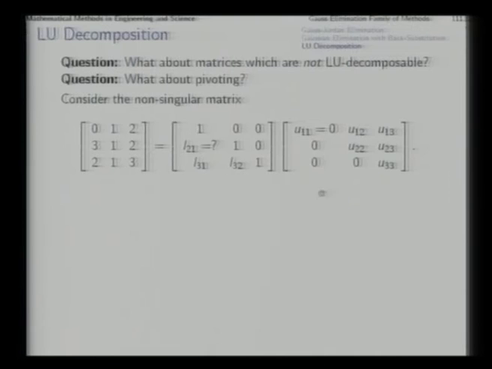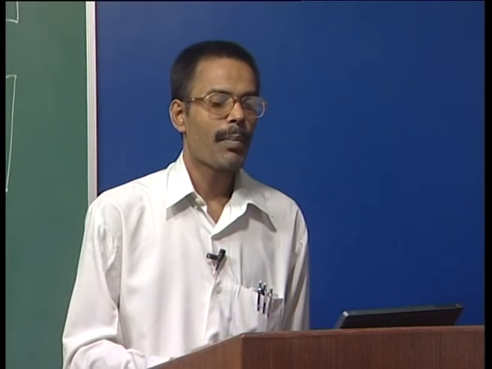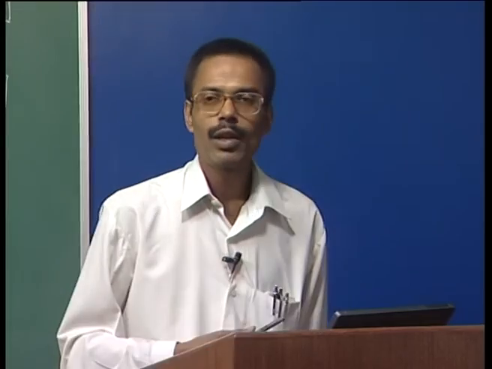That means in this product all 3 entries are 0. So, that means the sum is 0, but here it is 3 and we are stuck. We are stuck because of this diagonal entry which is 0, which should not be sitting there, but it is sitting there. What you can do? So, for this kind of situation we must do pivoting.